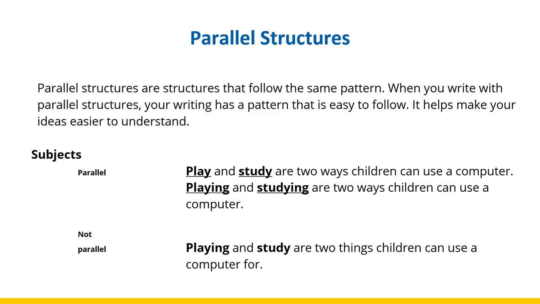When you're writing sentences using parallel structure, they have to be consistent. For example, playing, studying, or dancing and playing. You have to make sure you are consistent and add the ing ending in both cases. So that's what we call parallel structure.